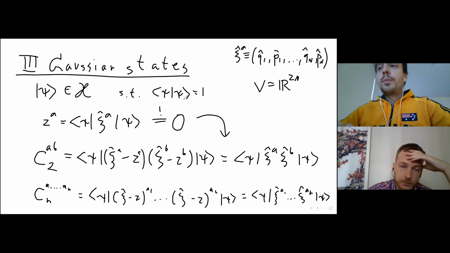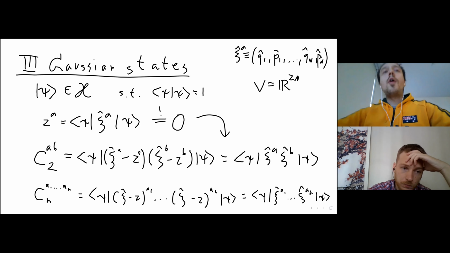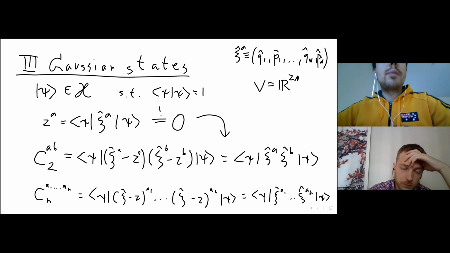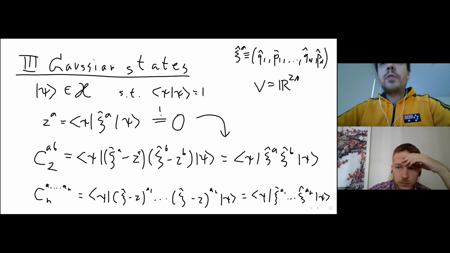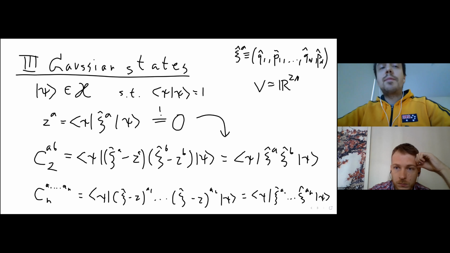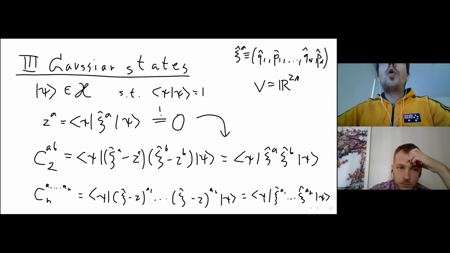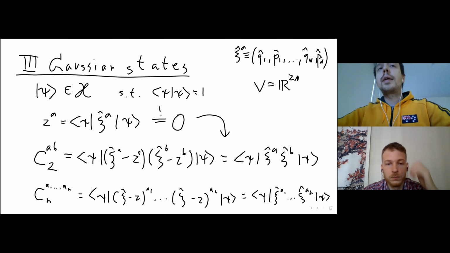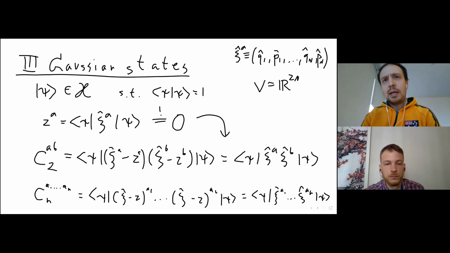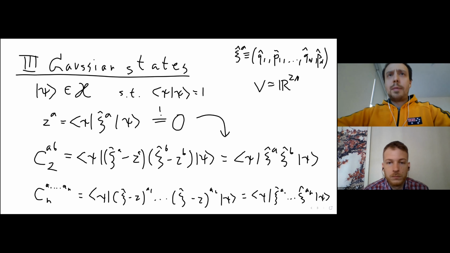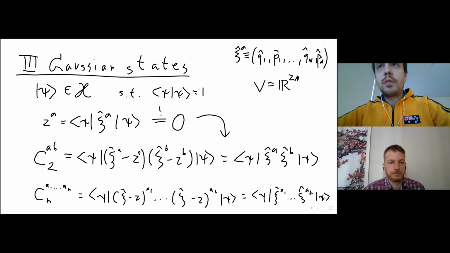And of course, in general, all of these n-point correlation functions are completely independent from each other. So knowing just some of them will not allow us to calculate all the other ones, because eventually knowing all n-point correlation functions is more or less equivalent to knowing the state. For bosons it's an infinite dimensional Hilbert space, and even for fermions it's a Hilbert space of dimension 2 to the n that grows exponentially with the number of degrees of freedom.